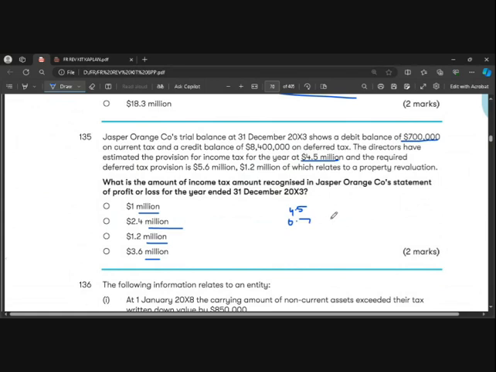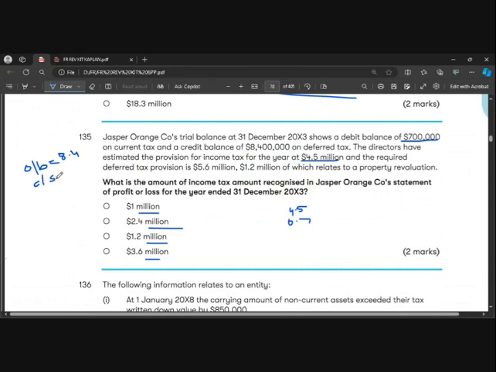Now find me the movement in deferred tax. What's the opening balance? Opening balance 8.4. What is the closing balance? 5.6. Yes, 5.6 itself is a closing balance.